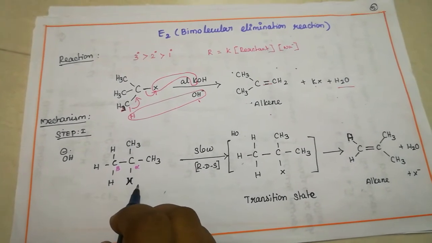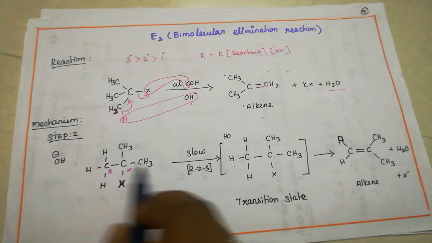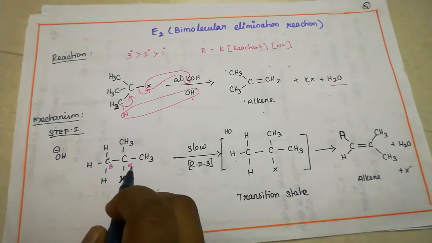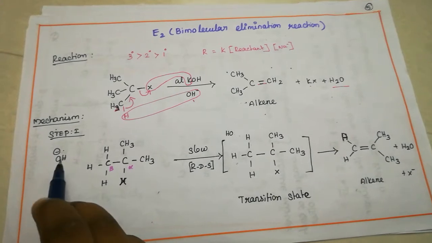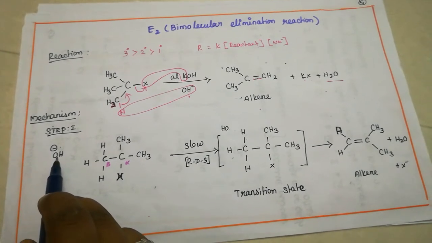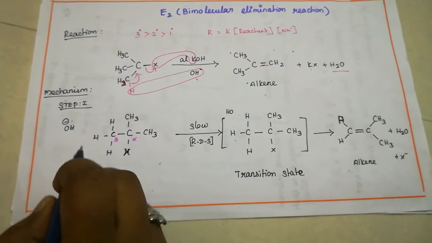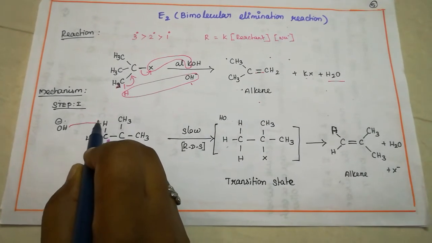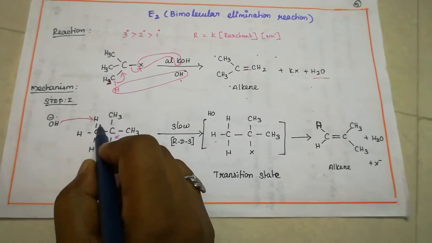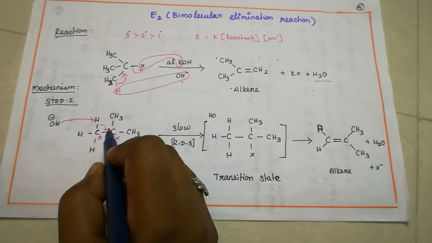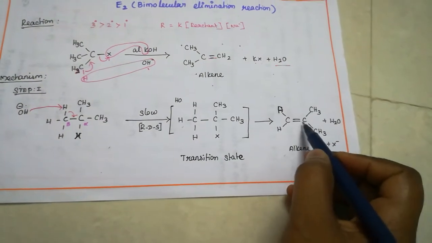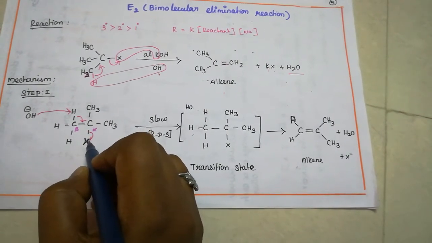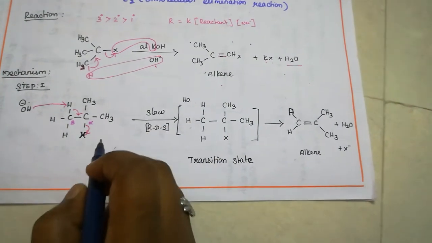Then I am going to introduce the strong base OH minus. This is the nucleophilic reaction. Here OH is the nucleophile. Then this OH minus abstracts this hydrogen, and this bond shifted to here to make a double bond, and this bond shifted to halogen.